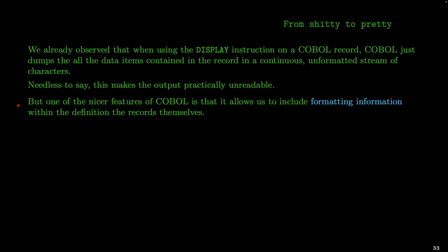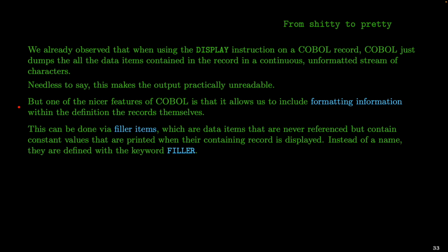But there's one nice feature in COBOL that allows us to include formatting information within the definition of the records themselves. And the way to do this is to use so-called filler items, which are data items that can be included in the record that are never referenced, but contain some constant values that are printed when the record containing them is displayed. And because we don't reference them, they don't need a name.